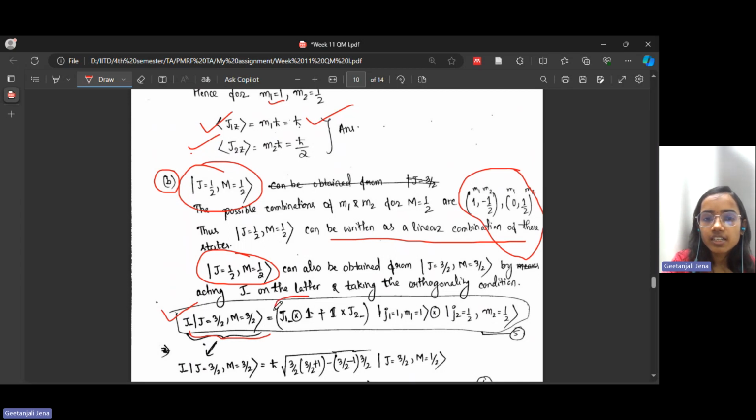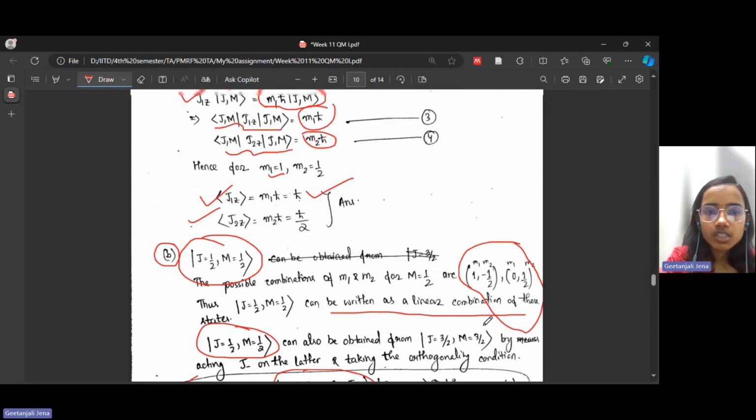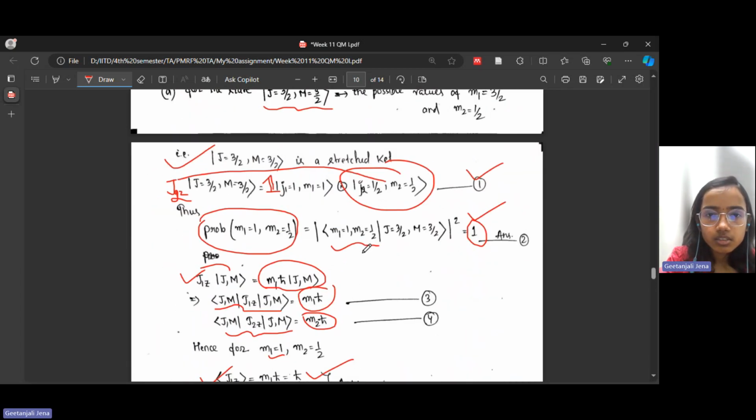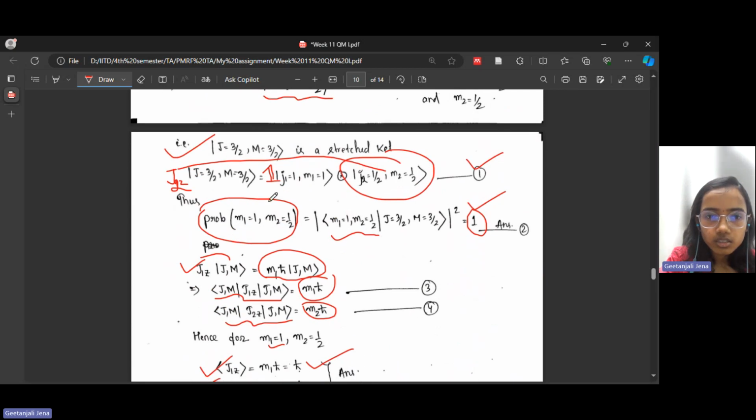J minus you can easily write as J1 minus cross identity plus identity cross J2 minus, right? And these are the uncoupled states: J1 equal to 1, M1 equal to 1, cross J2 equal to half, M2 equal to half.